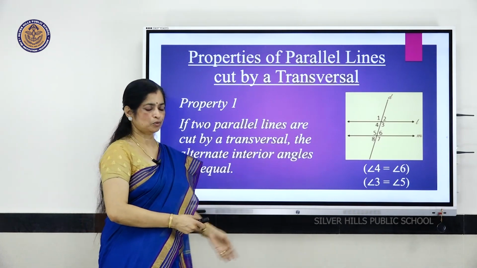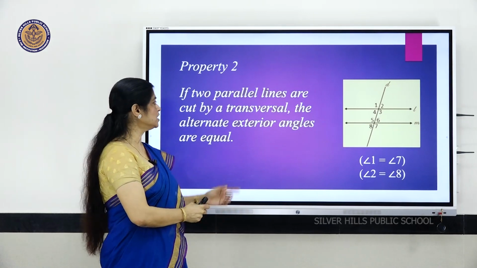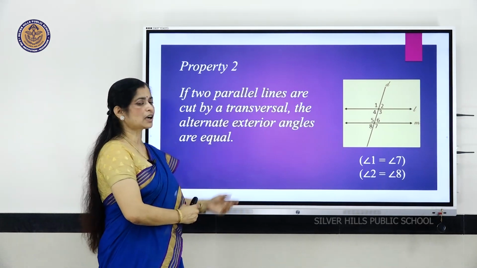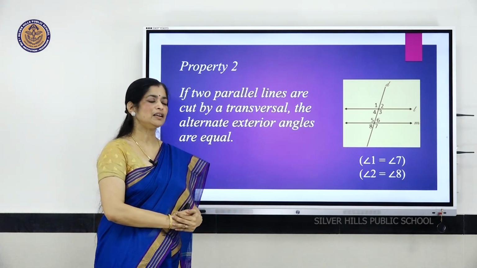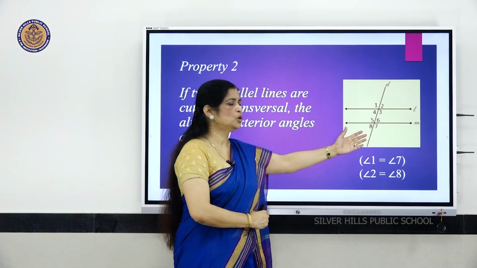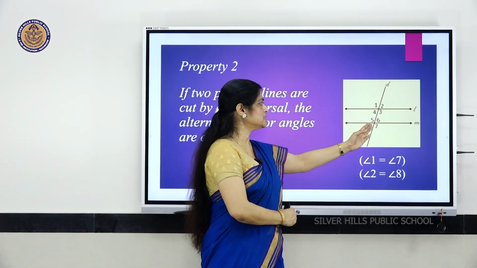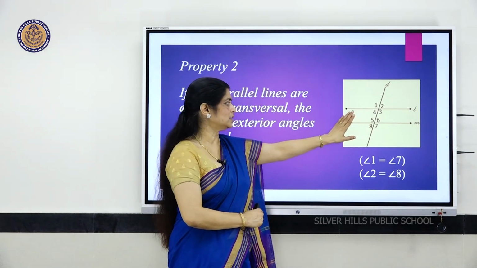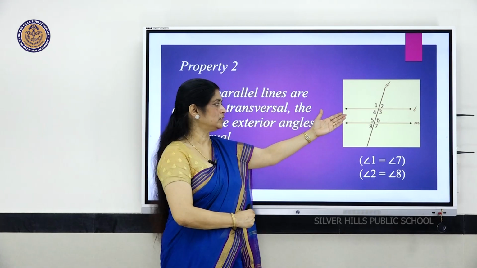Next, property 2 says that if two parallel lines are cut by a transversal, alternate exterior angles are equal. Which are the exterior angles here? 1, 2, 8 and 7, they are not inside the parallel lines, they are above or outside the parallel lines.